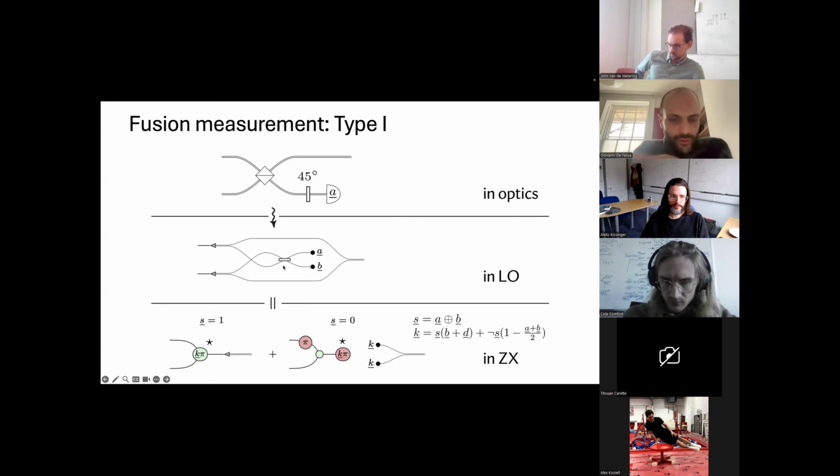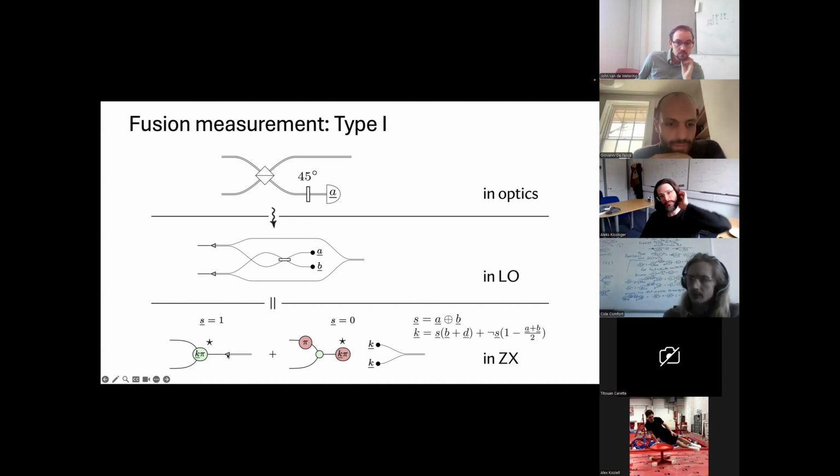So when you take this diagram and compute its interpretation, you can rewrite this as a ZX diagram, but it will split as a sum. You could write it as one big diagram with the double notation, but I think it's simpler to see it as a sum of two possibilities, where you have this variable S that either takes the value 0 or 1. It's the success value.